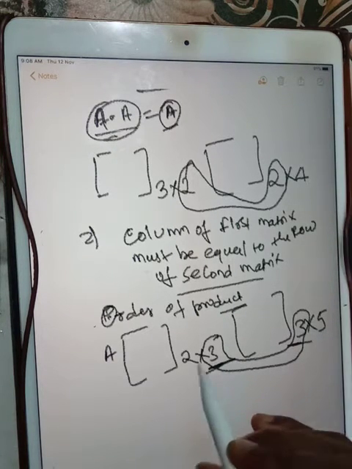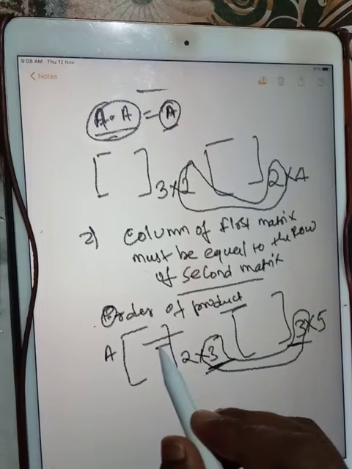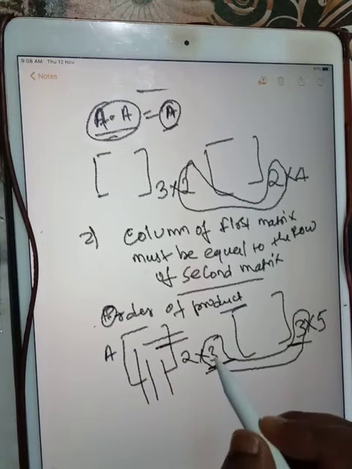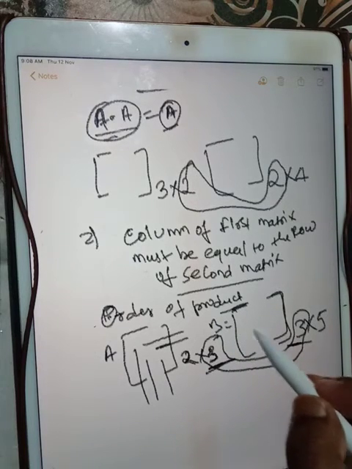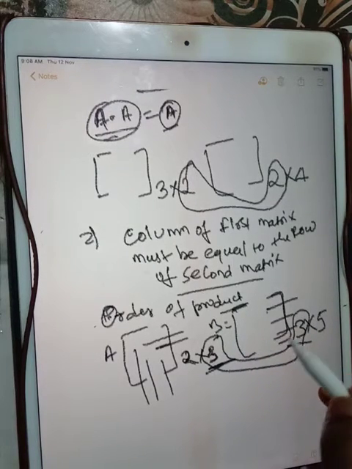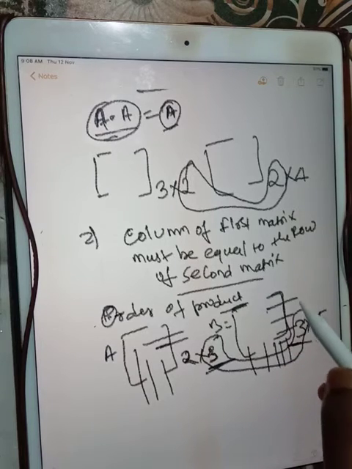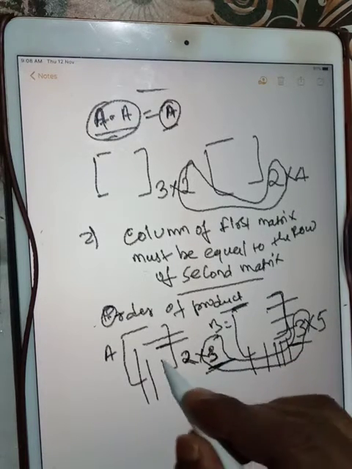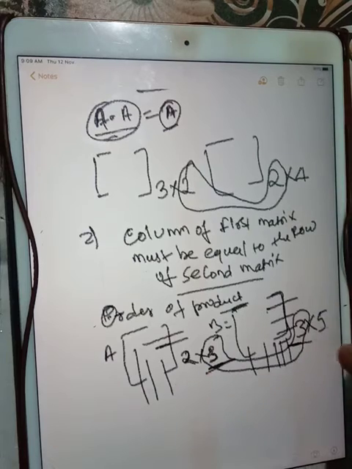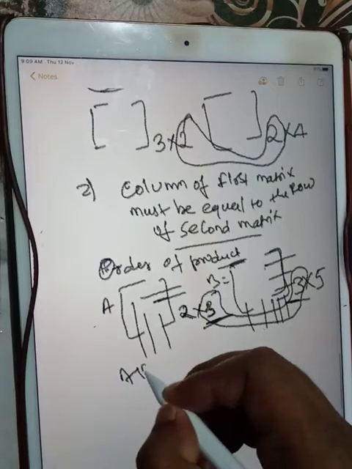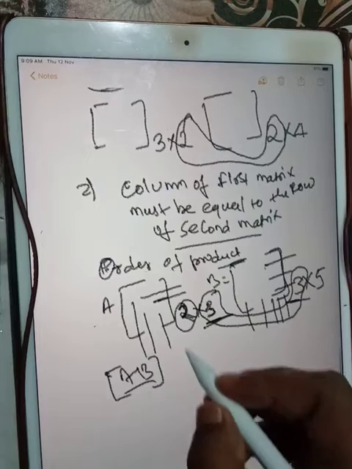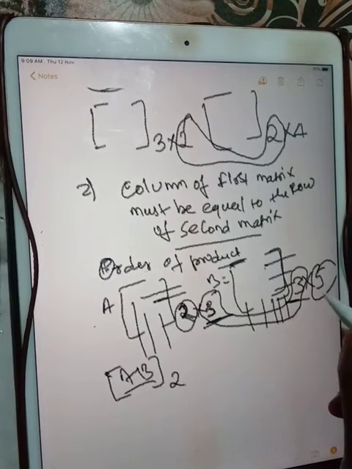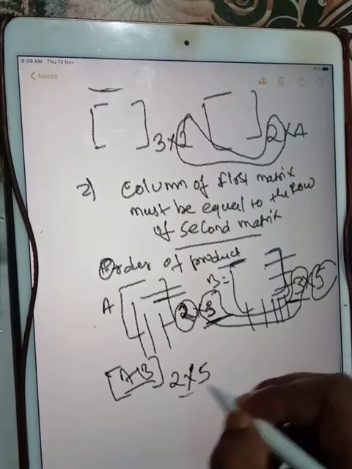This matrix has 2 rows and 3 columns, and the other matrix B has 3 rows and 5 columns. Since the columns of A equal the rows of B, AB will be defined. What is the order of AB? It will be the leftmost one, that is 2, and the rightmost one, that is 5. 2 by 5 will be the order of this matrix.